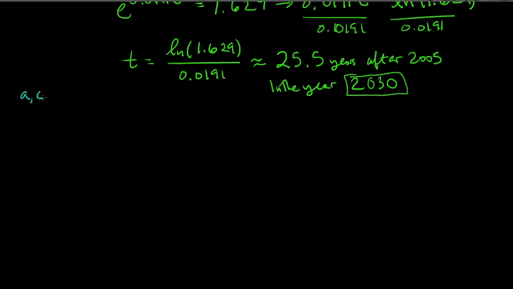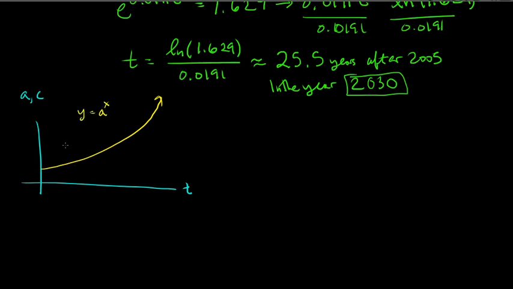In part A and part C, these were both growth, right? As time goes on, if you were to graph these functions, you're getting bigger. Your population's growing, your money is growing because of interest, right? And so you get this exponential graph, right? Something a to the x, right? Or e to the x, if you like.